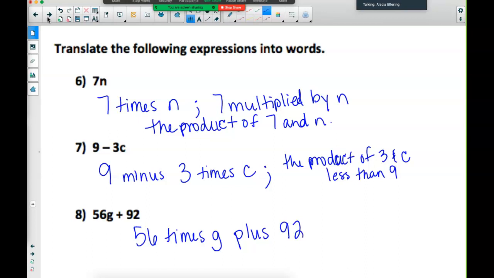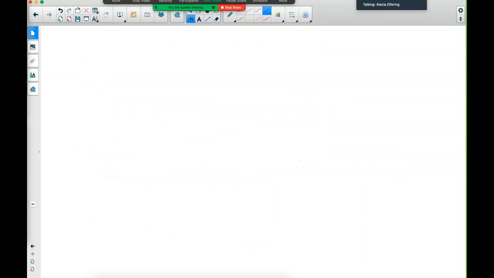Or 56 times g increased by 92. So instead of plus, we could have put increased by or added to. Okay, so there's other words we could use there. Questions, you guys, with that? Okay, so that is that part of the notes.